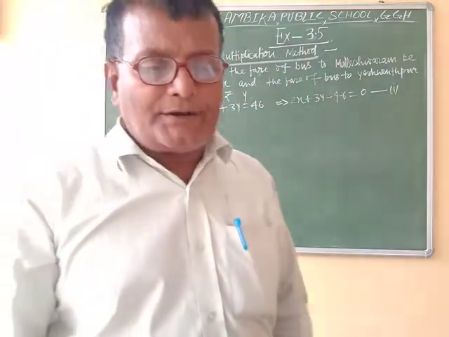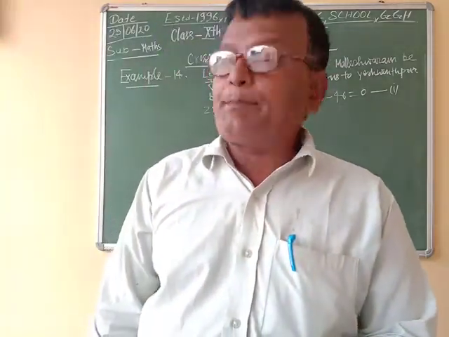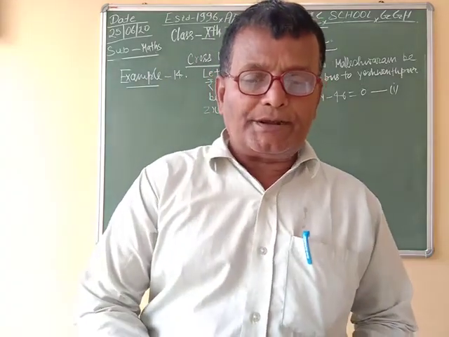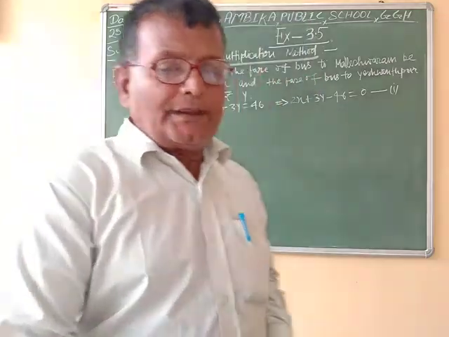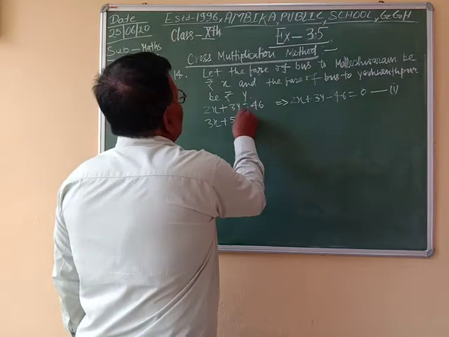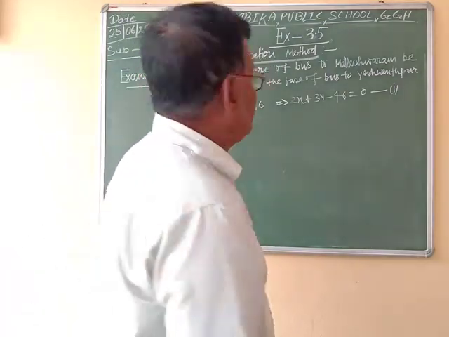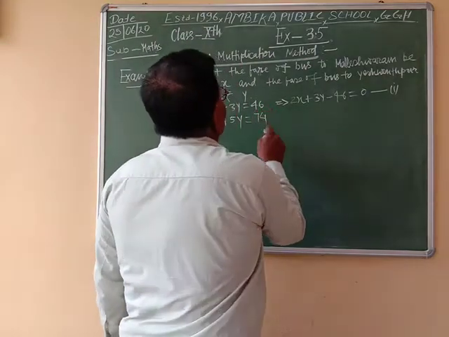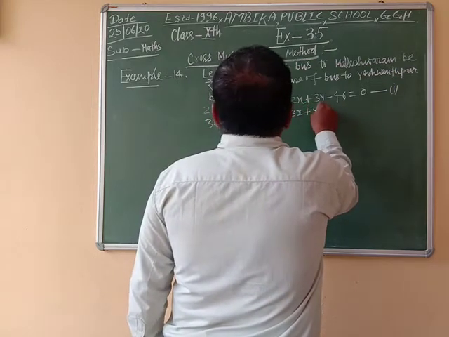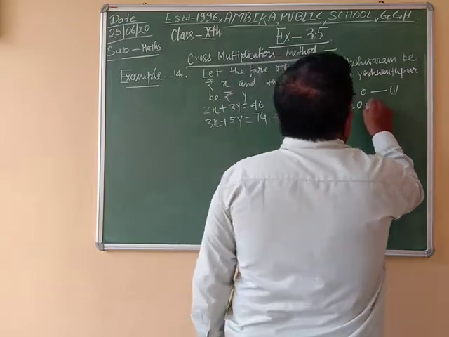And by the second condition, if we buy 3 tickets to Malleshwaram and 5 tickets to Yeshwantpur, the total cost is rupees 74. So 3x plus 5y is equal to 74, or 3x plus 5y minus 74 is equal to 0. Equation number 2.